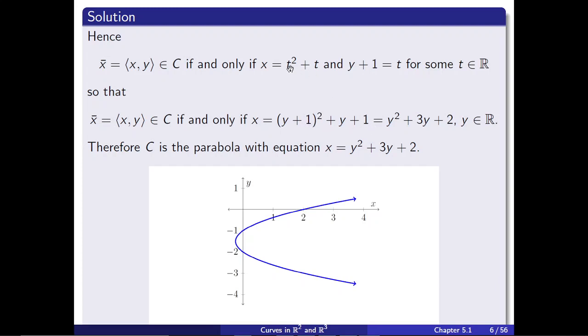If we expand here, we get y squared plus 2y plus 1, and then plus y plus 1 will give us that.